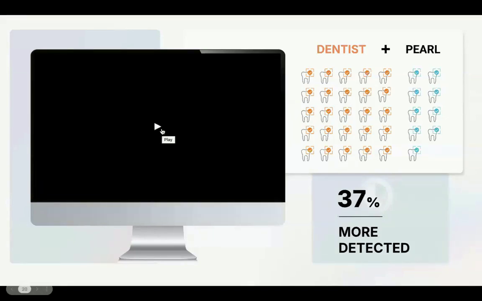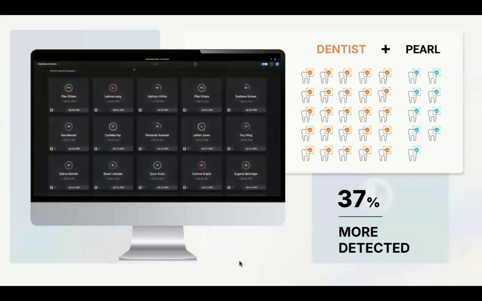But what we did find in our FDA trials was we looked at the dentist looking at radiographs alone. They were not perfect. We looked at Pearl looking at radiographs alone, finding cavities and pathologies. They were not perfect. But what we found is when the dentist looked at the AI, we were better together. And I think that's the moral of the story here from the AI side of things.